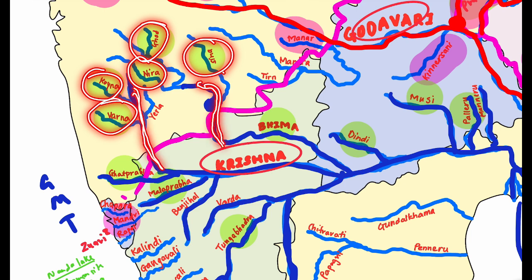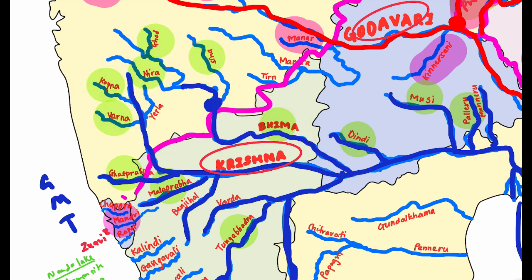Okay. Bhima is very much important. You need to remember that Bhima is of Bhim Krishna or Bhim, it will be remembered like this. So Bhima, most important is Bhima. Bhima is left bank tributary. Then Dindi is left bank tributary. Then Musi is left bank tributary.